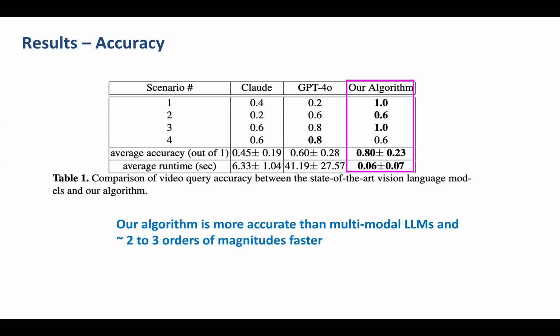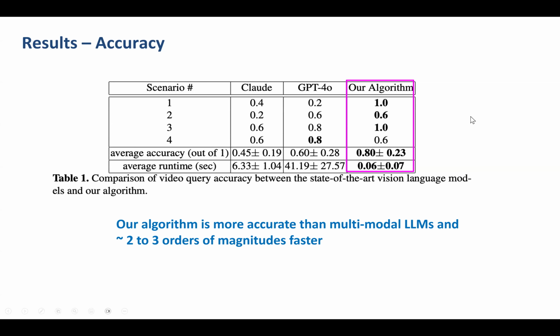And then on the row below, it shows the average accuracy across these 4 scenarios with a mean plus minus standard deviation, and then the average query time to actually determine the membership between the time series data and the scenario itself.